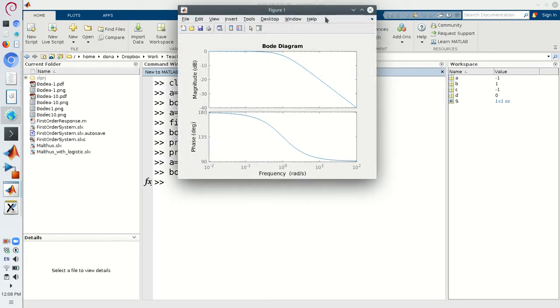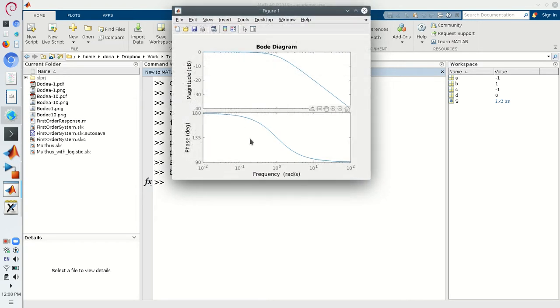Look what has happened here. In this case, everything seems pretty much the same, but the phase has changed. The phase has changed radically, I'd say. Well, we'll talk about this in a second.